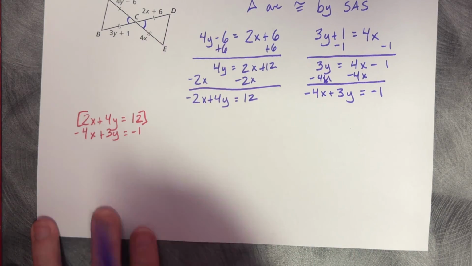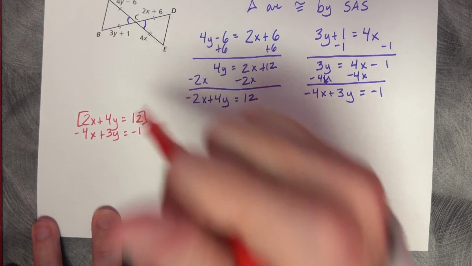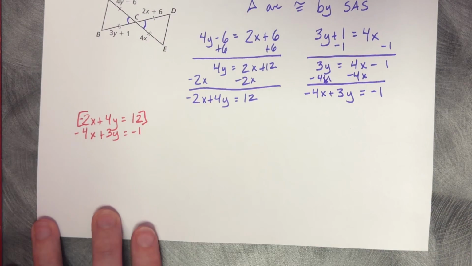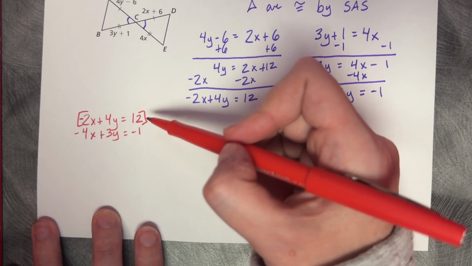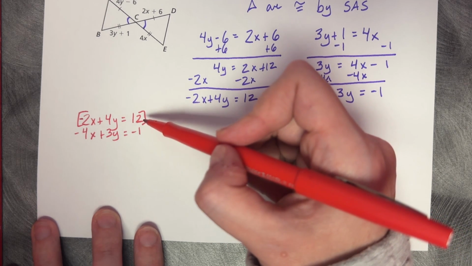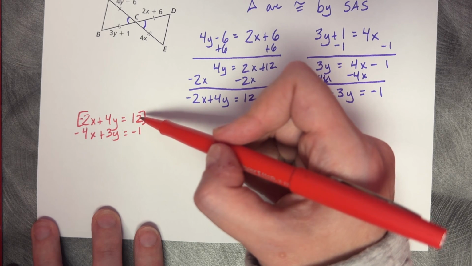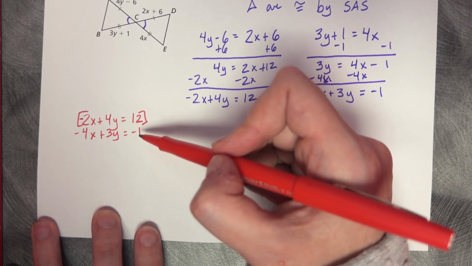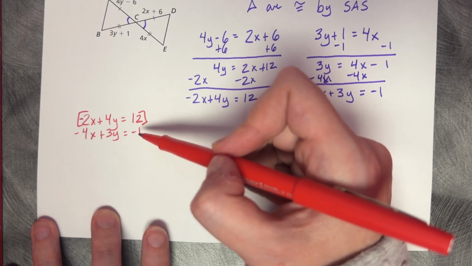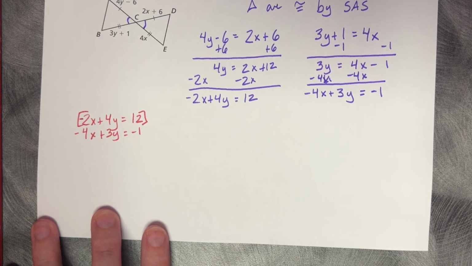So that means this one down here, let me fix that, is a negative 2x. And then we've got our negative 4x plus 3y. Okay, we're good. Sorry. I just want to make sure that we're in the right spot.